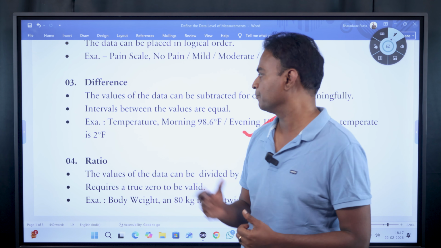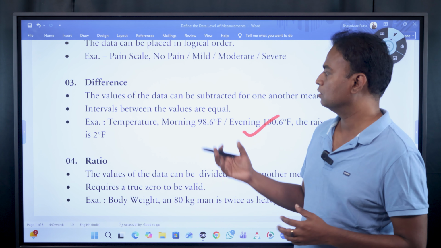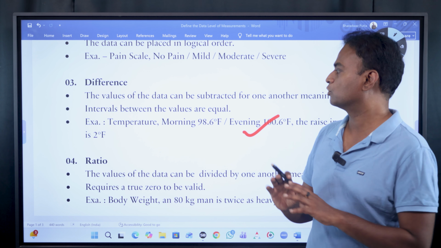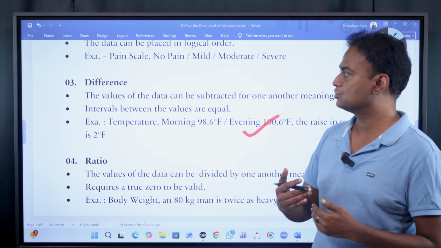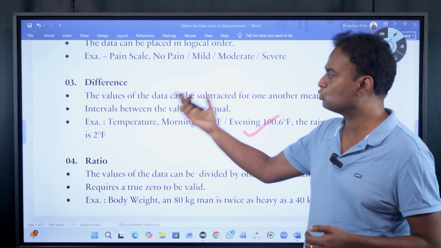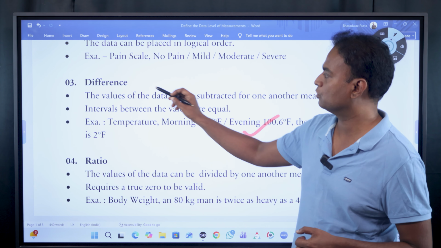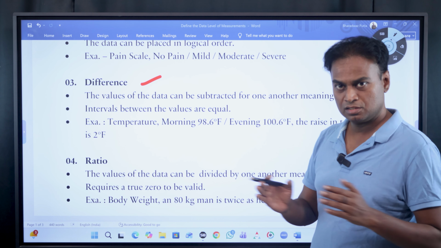So if the temperature of a human being is given, you can label it, you can order it, and also you can find the difference. If the given data set has this property, that property is known as difference. You can find the difference for the particular set of data.